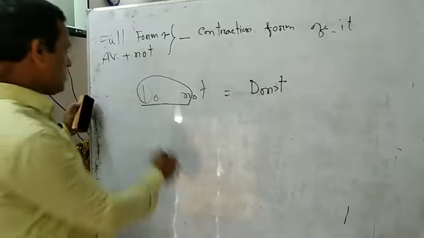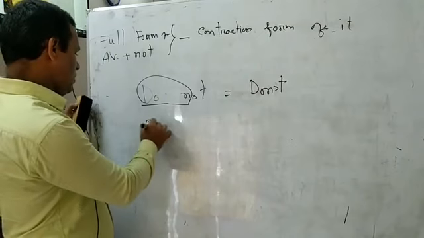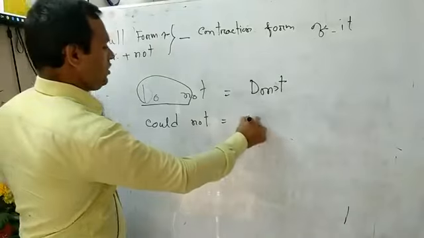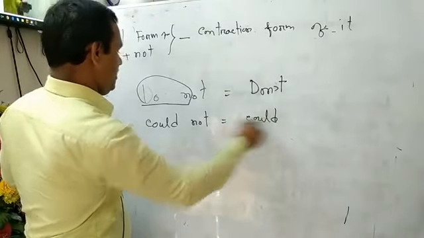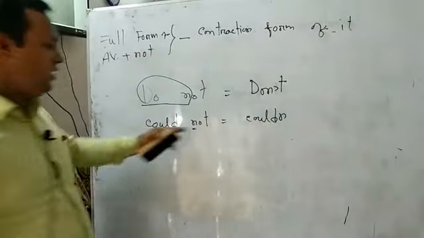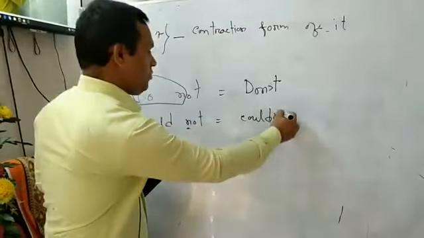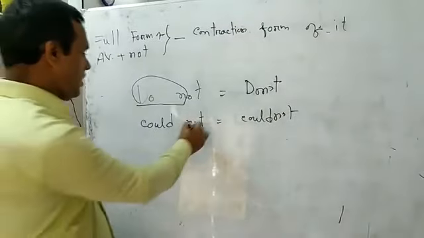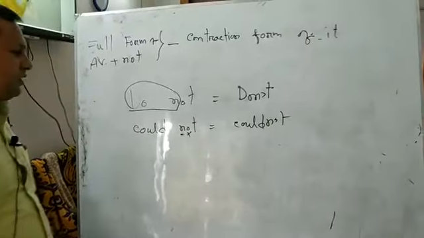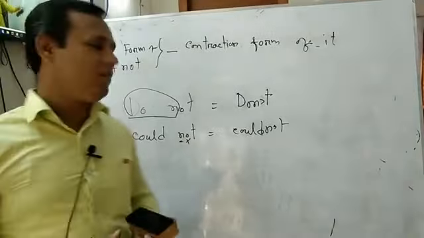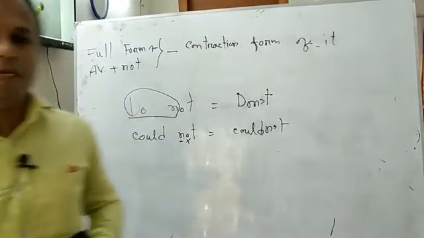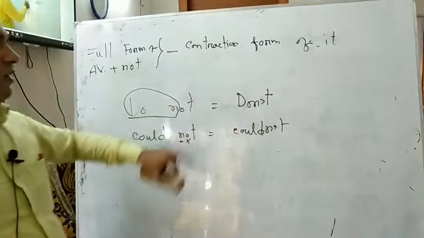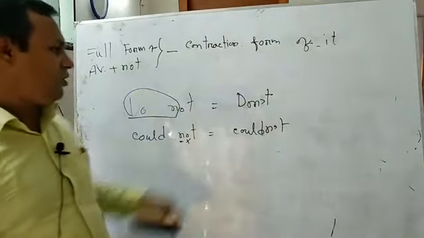Could, couldn't, and instead of o you will give an apostrophe and t. In this way you have to write the contraction form of auxiliary verb plus not.